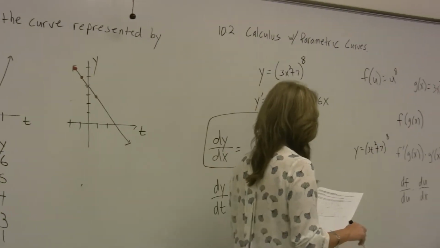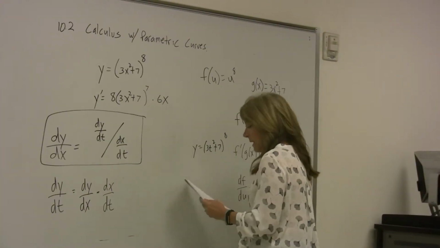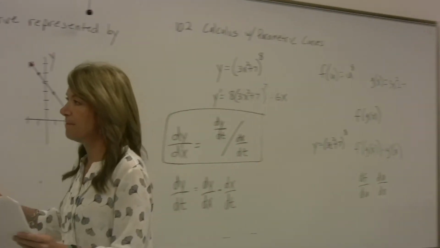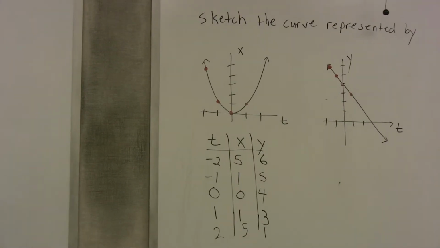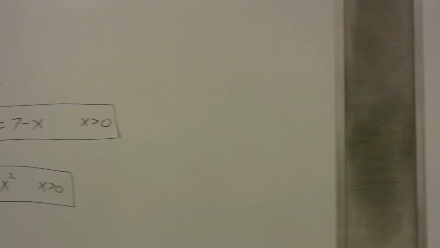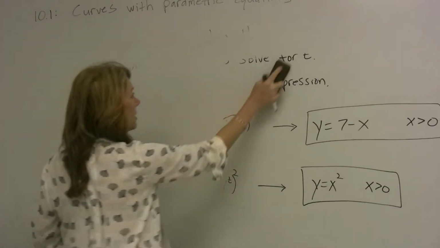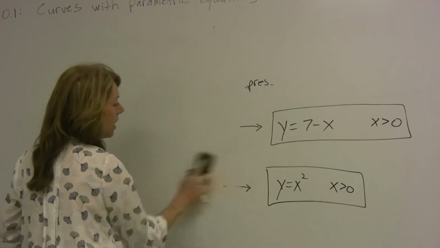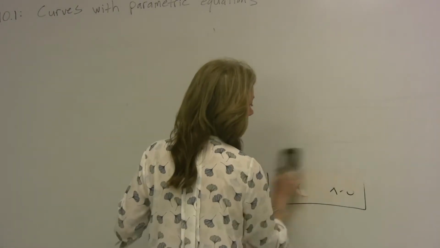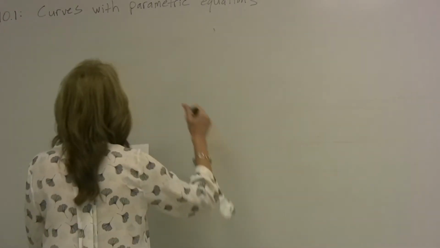So, let's look at example 1. Example 1 says find the tangent line or lines. Key point here, you might have more than one tangent line, which is hard to imagine, but I will show you why.